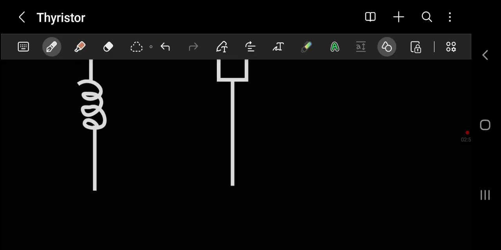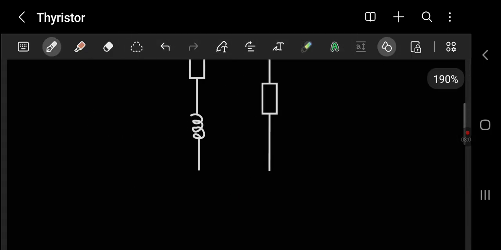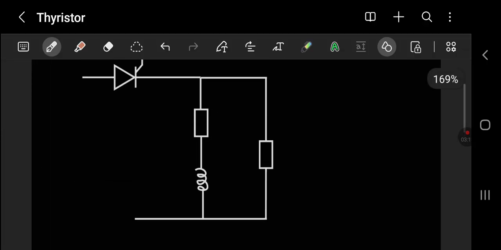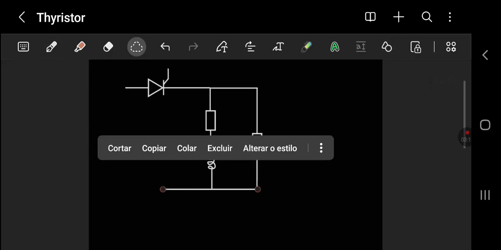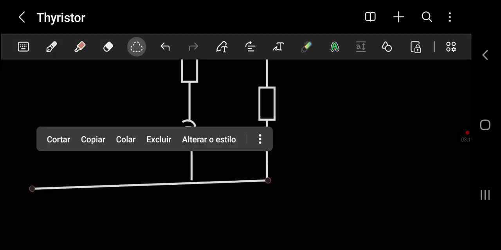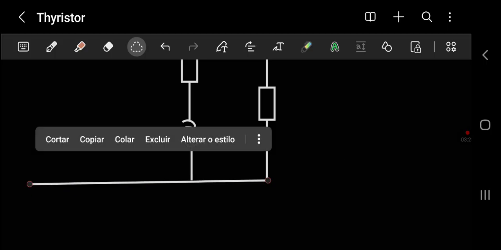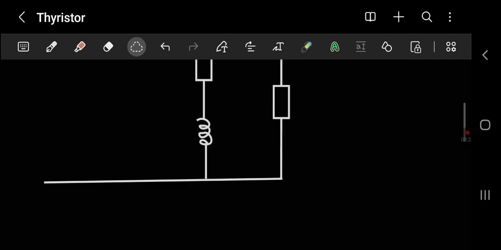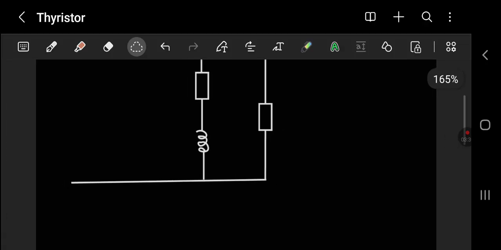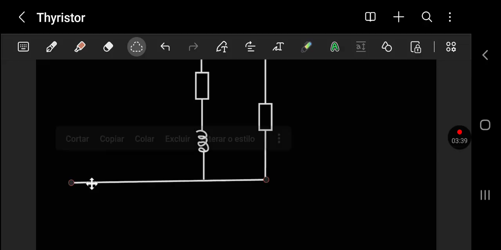So in this example, I'm going to be entering some different specifications like the window width of a pulse, the latching current as well.